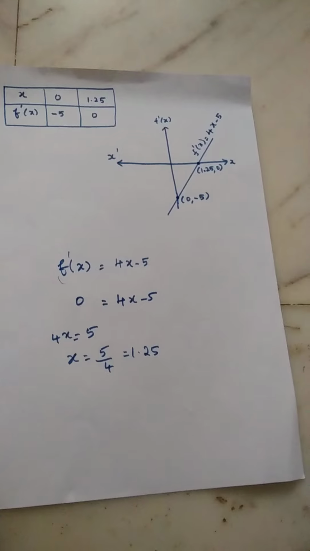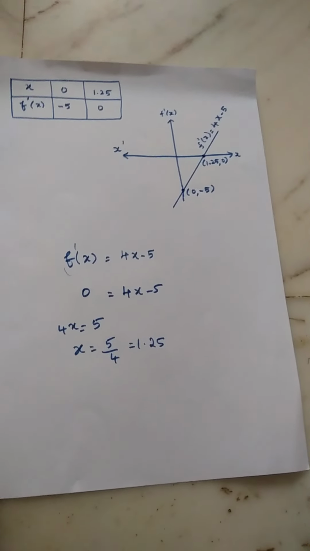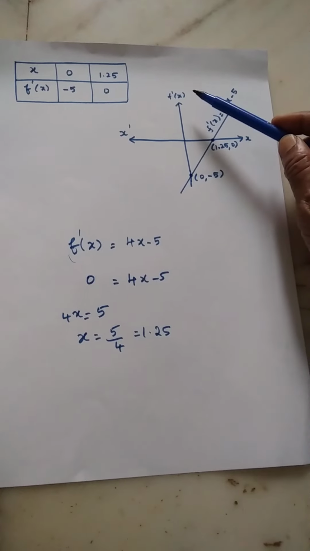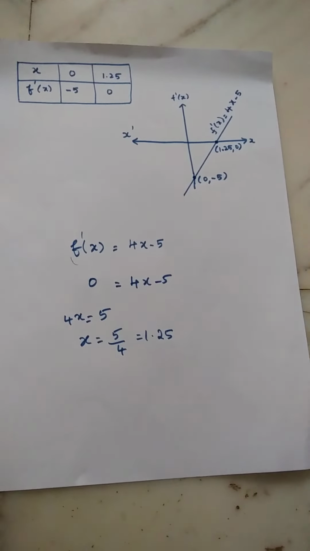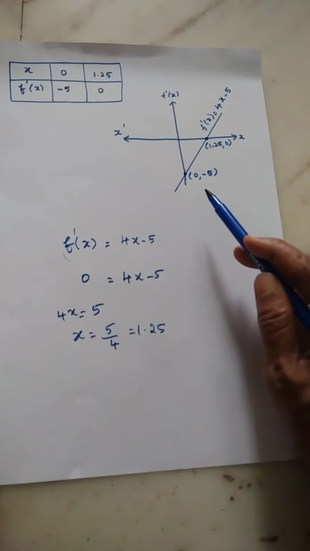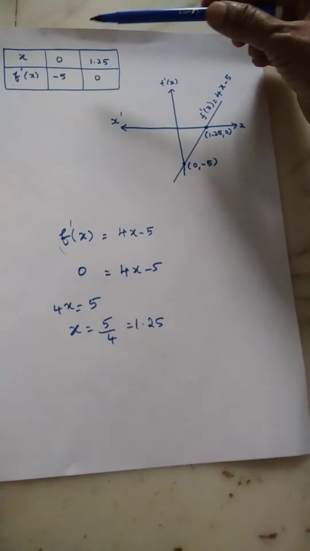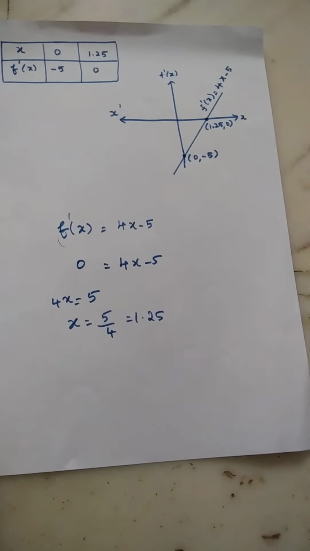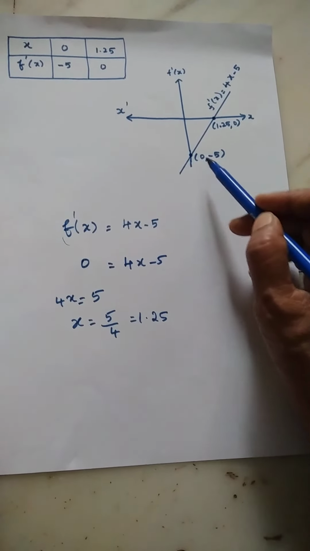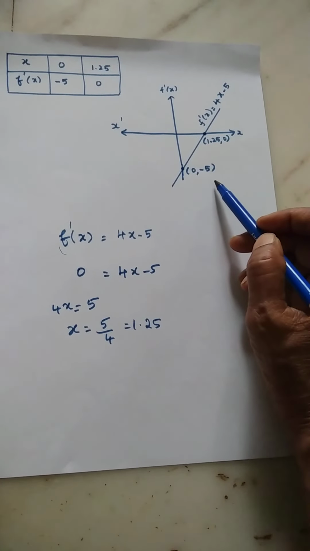So these are the values. With these 2 points, we can draw the graph. So draw the x-axis and f dash of x axis. Instead of y, we have f dash of x. Plotting the points: 0, minus 5. On the x-axis 0, and on the f dash of x axis minus 5. So this is the point 0, minus 5.